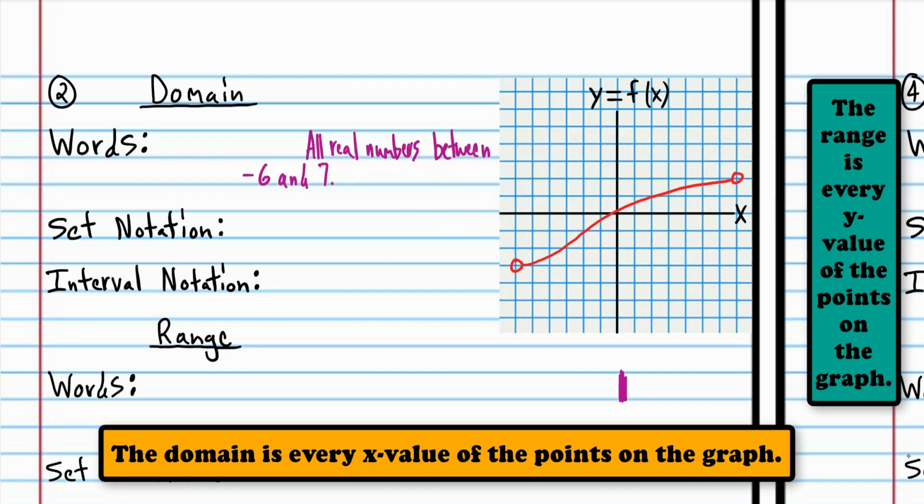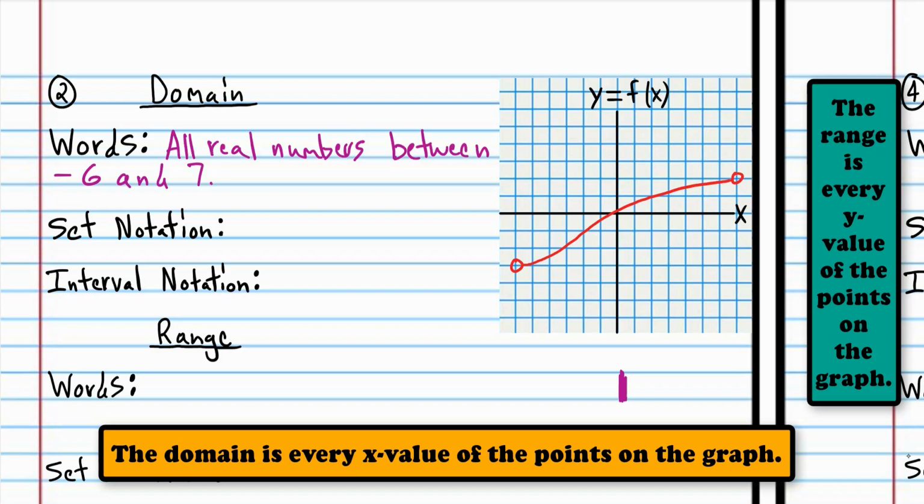So the domain is all real numbers between -6 and 7. So again, all these points have x values that are between -6 and 7. But notice the open dots at the ends. So we don't say inclusive because -6 is not part of the domain and 7 is not part of the domain, only the numbers in between.